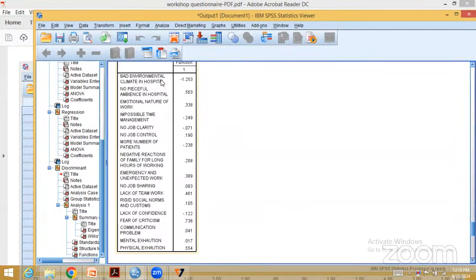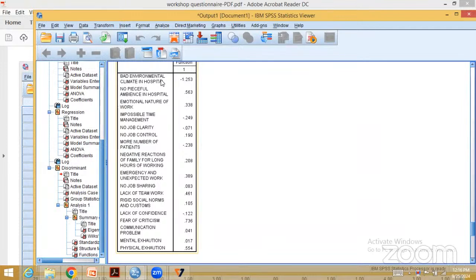Therefore, what is our interpretation? Our interpretation is very simple. For gynecologists working in government hospital, bad environmental climate is the most dominant variable which creates job stress. Because in the centroid matrix, the negative sign is for government hospital.